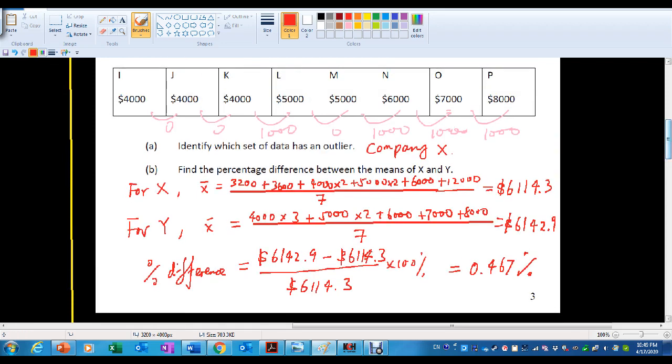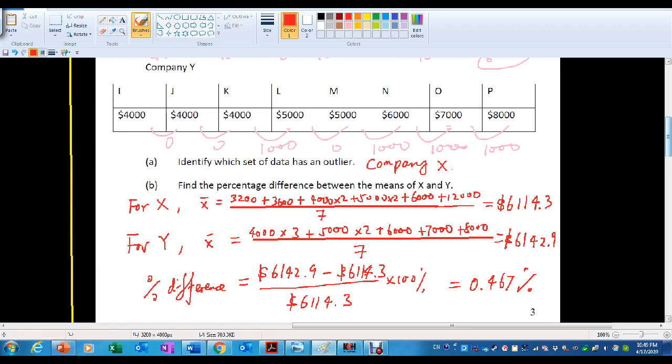The percentage is quite small, so that means the two means are really close.